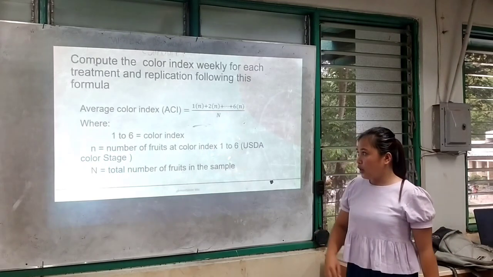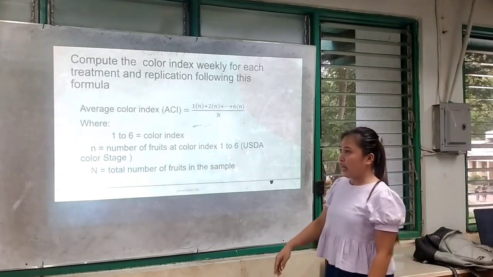And the big N is the total number of fruits in the sample.